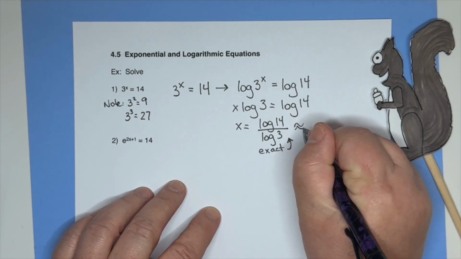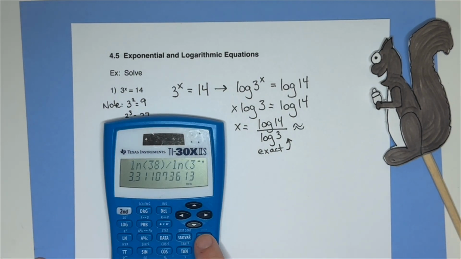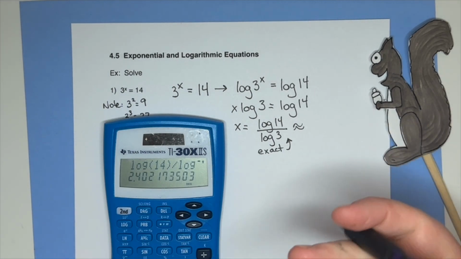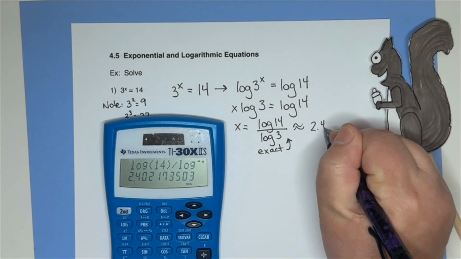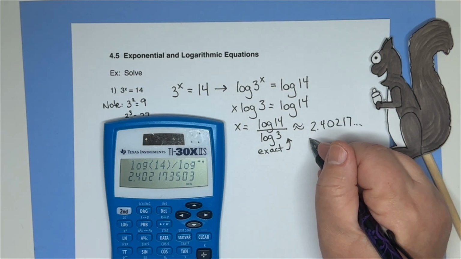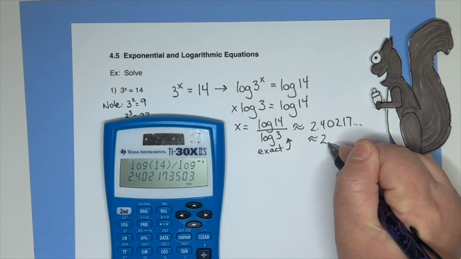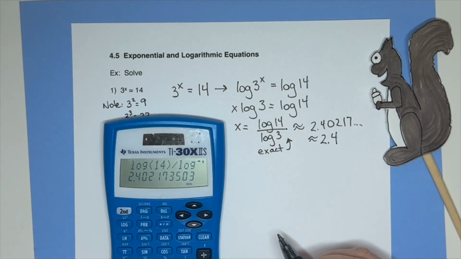But if someone's asking you for an approximation, log of 14, close the parenthesis, divided by log of 3 gives me 2.40217, some other stuff, which means that I'm at approximately 2.4 as my answer.